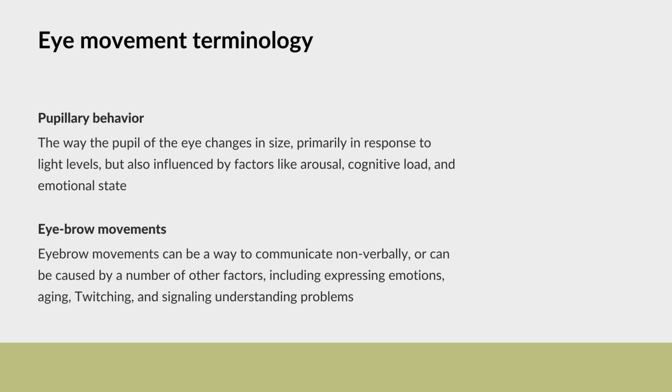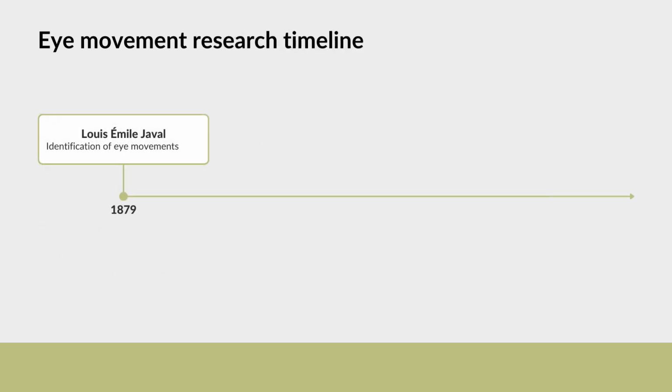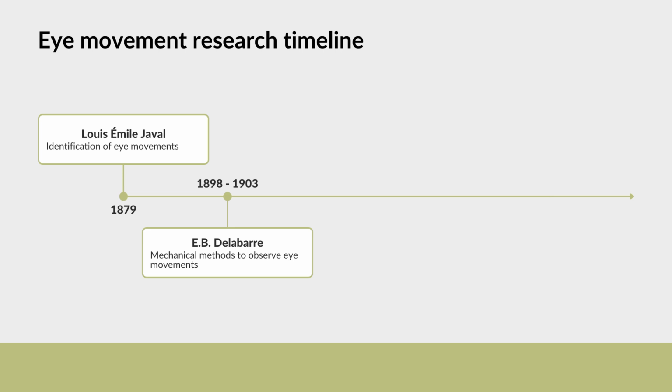Following the work of Javal, between 1903 and 1907, several researchers undertook experiments to measure eye movements. One of the first was Delabre, who used a mechanical method to measure eye movements.